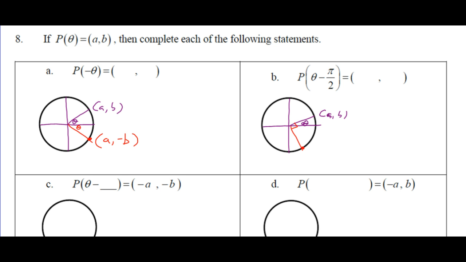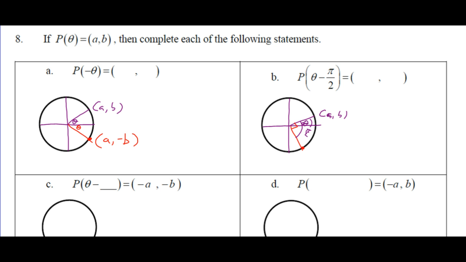It's obviously not (a, negative b), so what is it? What do we know? We look at this and say, I know that this angle here is theta, and this angle here is pi over 2, because we went theta and subtracted pi over 2, which means we are going negative pi over 2 from here.